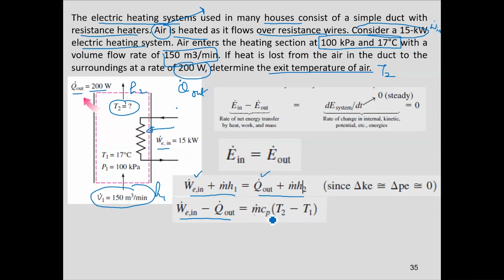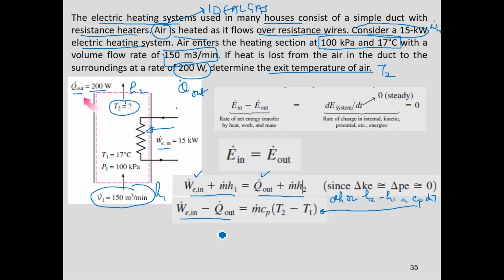Mass flow rate multiplied by Cp (T2 minus T1). Essentially you have converted dH, or H2 minus H1, into Cp dT. This is the conversion that you have used since you have air, which could be assumed as an ideal gas.